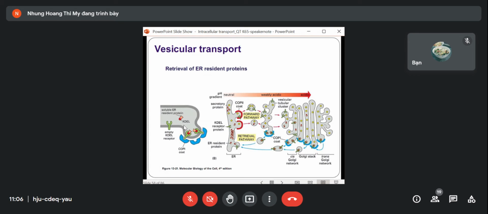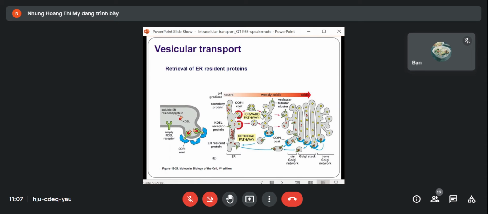So when KDEL binds to the empty KDEL receptor, it can also trigger the formation of a vesicle by the COPI coat protein.